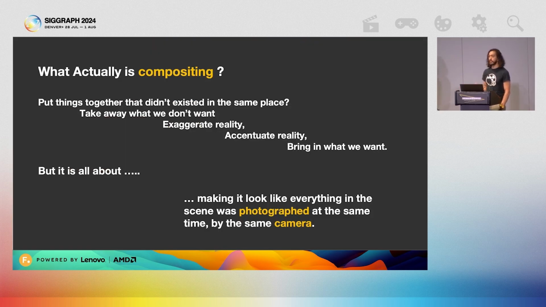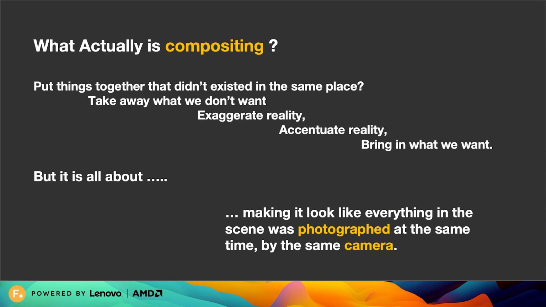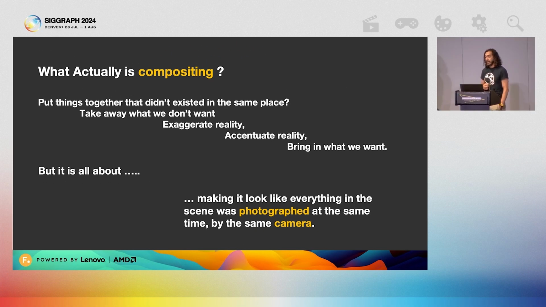So the main thing is to teach and figure out what is compositing. And if you ask around, you'll get different answers. Is it putting things together that didn't exist in that place, or taking away things, or exaggerating reality? Sometimes it's accentuating reality. Sometimes bringing what we want. But in reality, what we actually do in compositing is sit ourselves in between the lens.